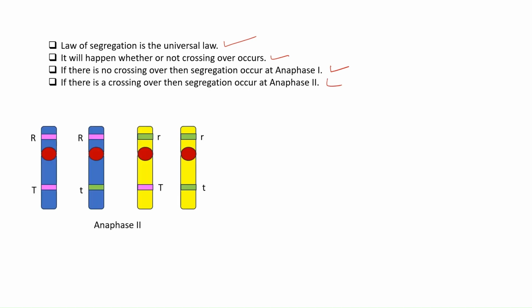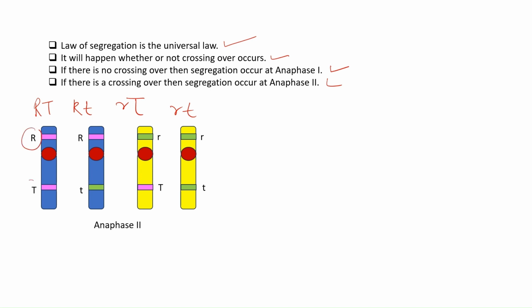Now come to the law of independent assortment. Here, how many types of gametes are formed? 4: capital R capital T, capital R small t, small r capital T, small r small t. So 4 different types of gametes are formed, and this happens when the genes are not linked.